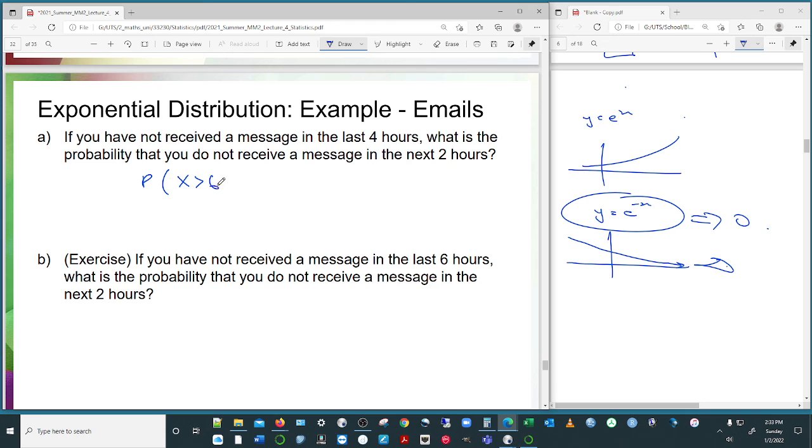So we've got 6. Why? Because 4 and 2 are 6. Okay, so that's a little bit of a bugbear when doing that. So we can use the equivalent to compute this. 6 minus 4, and so we get x is 2. So we've got to turn that around, and I'm going to give it, which is 0.3679.